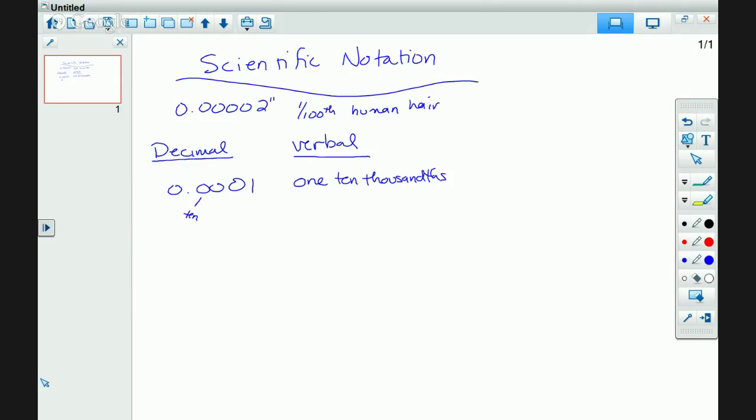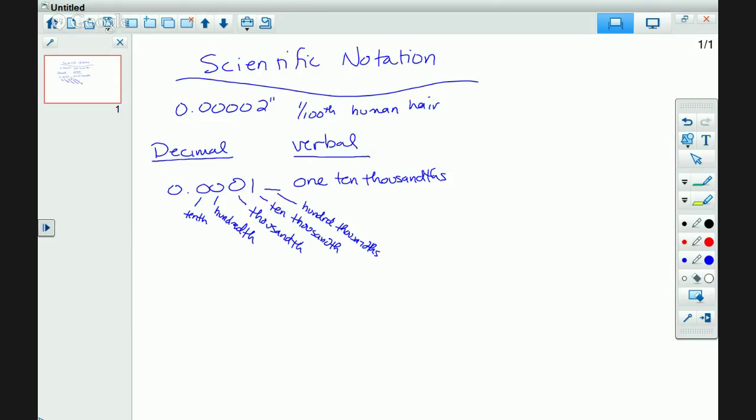So that would be like 1/10. 100. We have 1,000. And then this one is the next one, if there was one here, would be 100,000. That's all I'm going to go for.